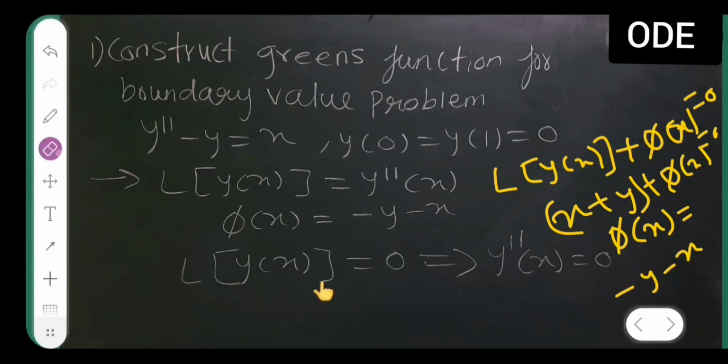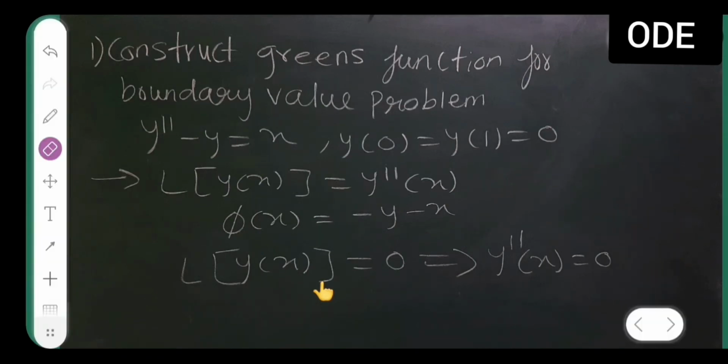For better understanding, you can refer to the previous lecture. So L of y of x is equal to 0 implies y double dash of x is equal to 0.